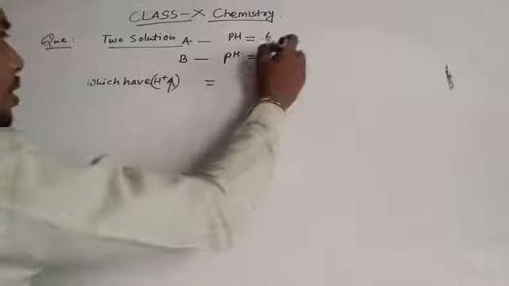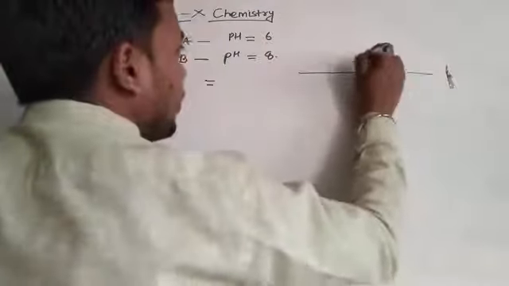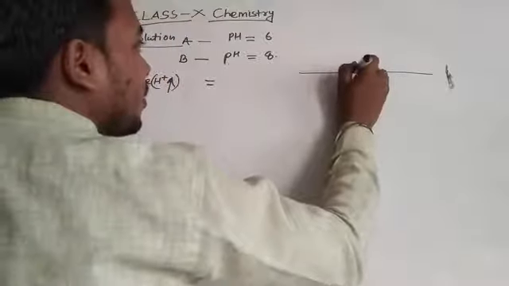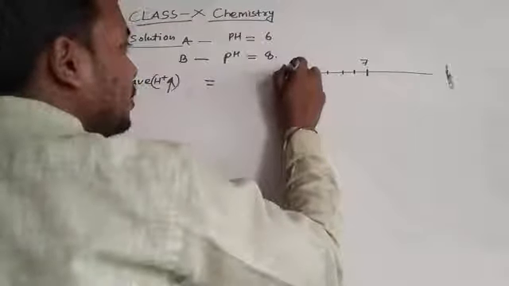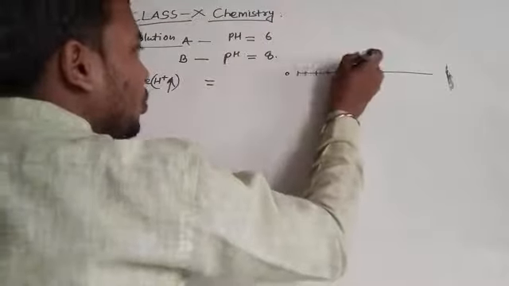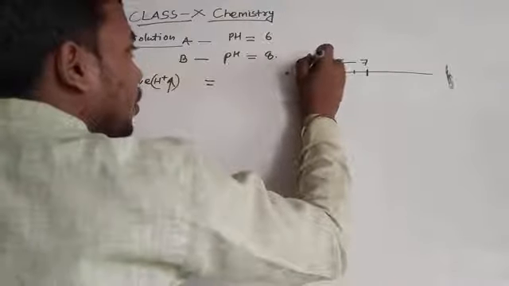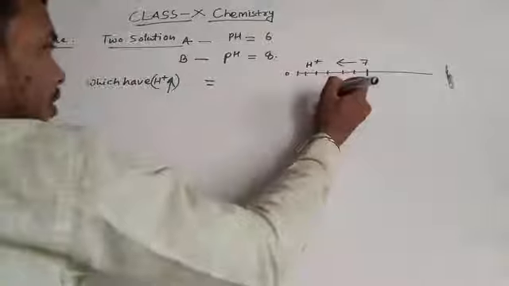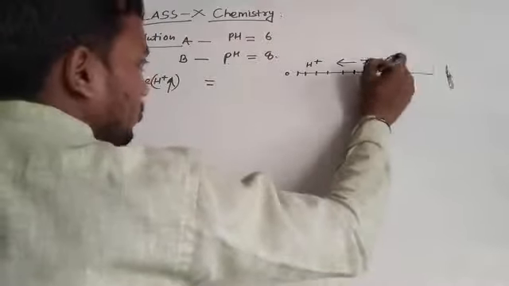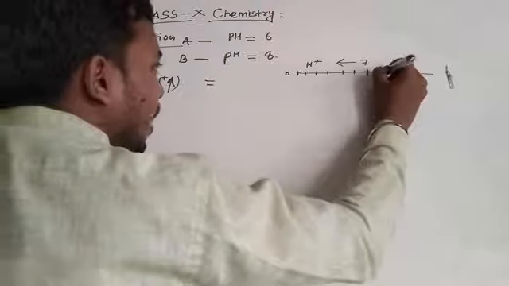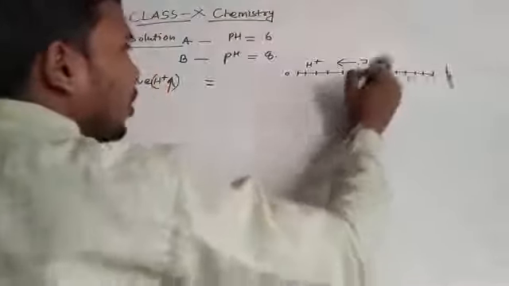So the pH range, you can see, has 7 in the middle, then 6, 5, 4, 3, 2, 1 and 0. When we move from 7 to 0, the H plus ion concentration increases, and when we move from 7 to 14, that is 8, 9, 10, 11, 12, 13 and 14, here is 8.